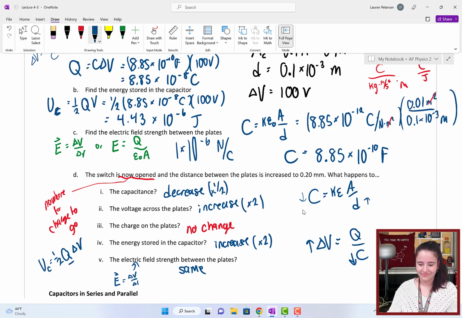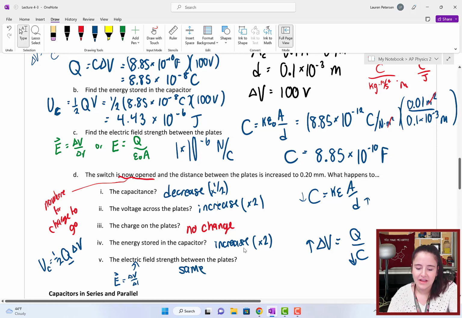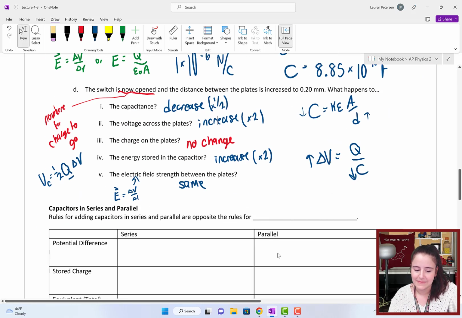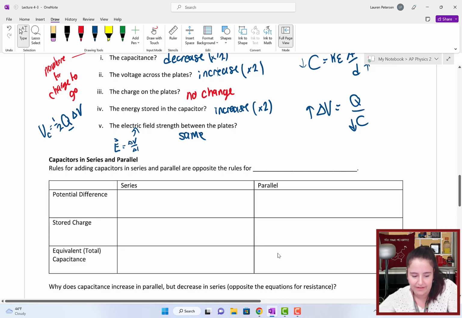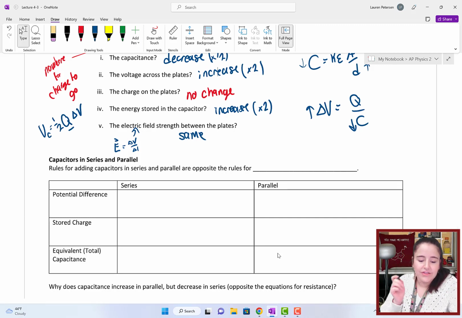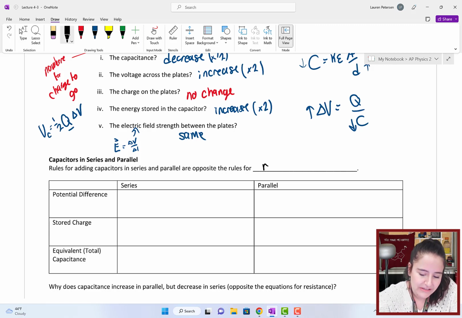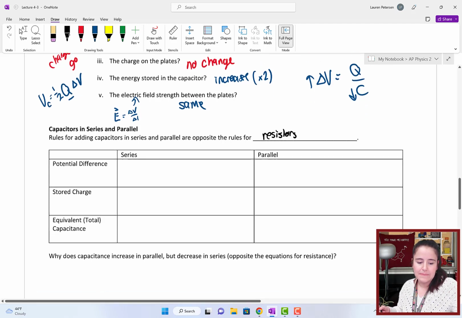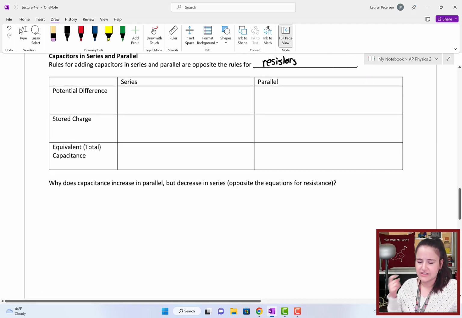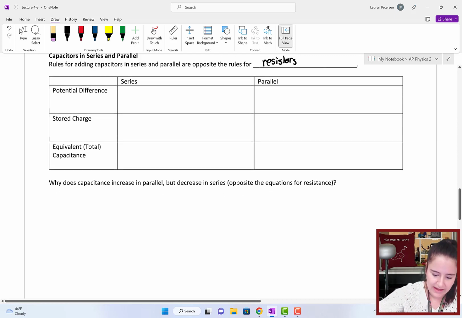Okay, cool. Last thing, let's talk about capacitors in series and parallel. Now, in terms of the math of it, the rules for adding them are the opposite of those for resistors. Let's go ahead and draw these circuits so you can visualize it.